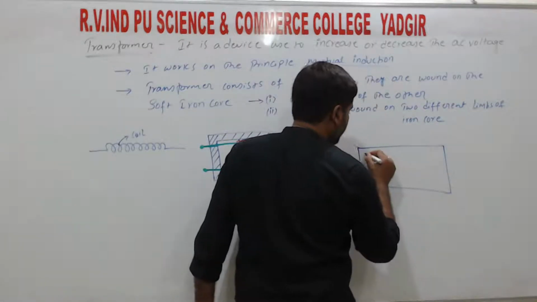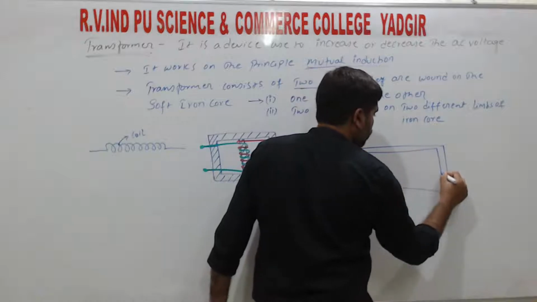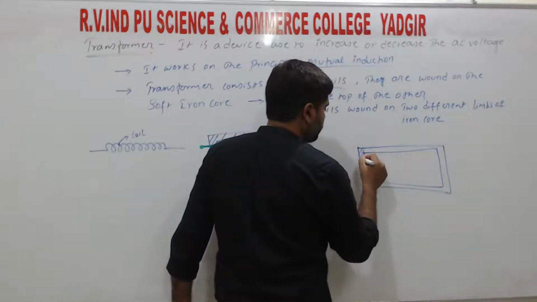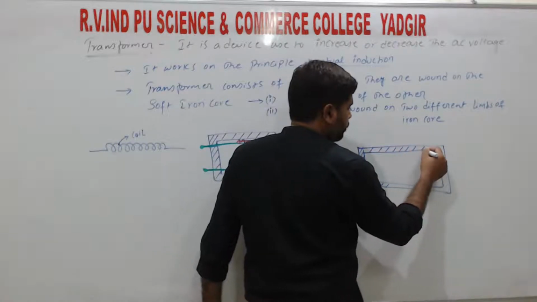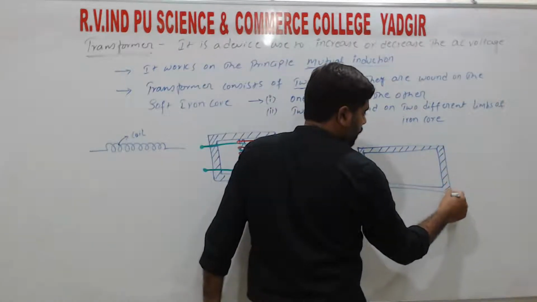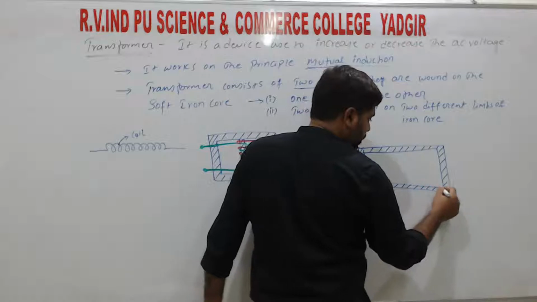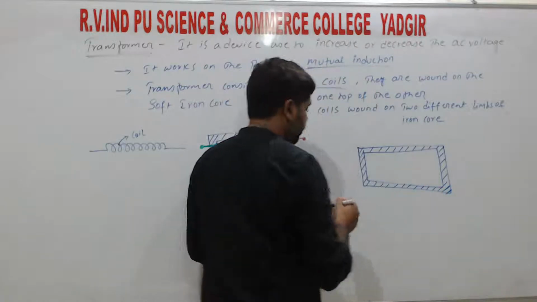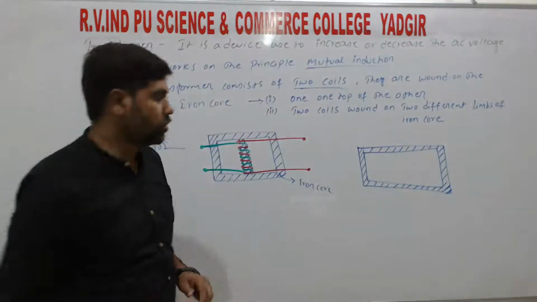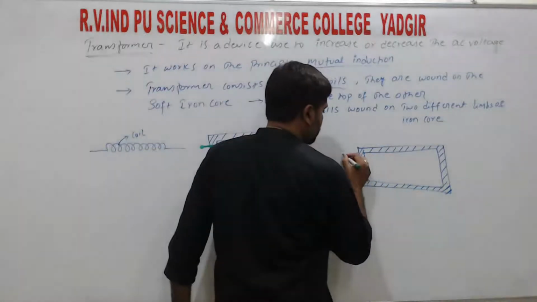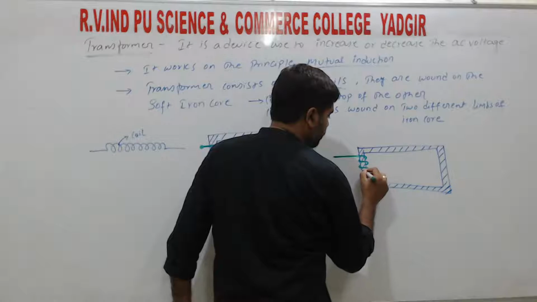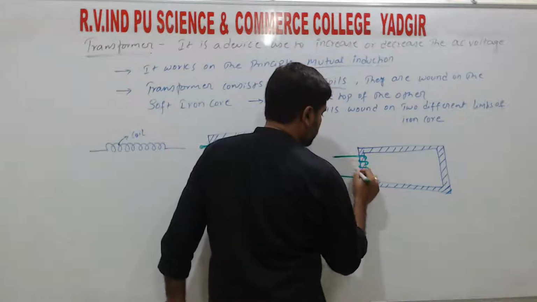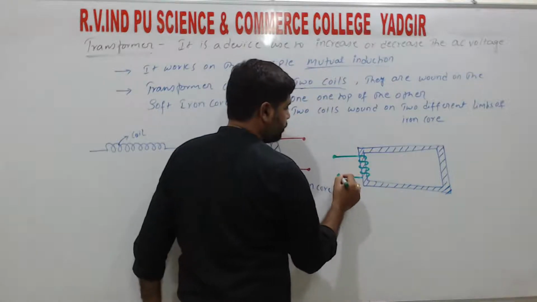so again this we have taken as the iron core. This iron core we have laminated, that means with insulating material. So that's why we are shading those parts. So this is one coil.